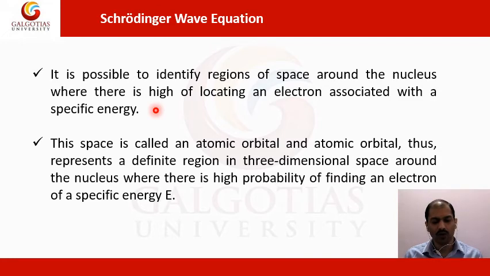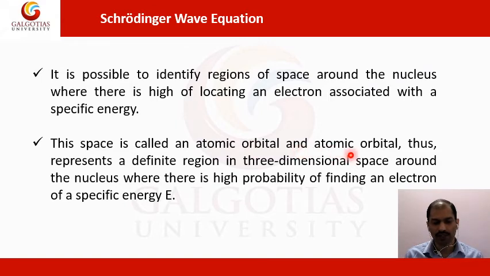As we also discussed initially, there are different orbitals around the nucleus in which the electrons are moving according to the different shells, subshells and orbitals, and they have different shapes, like spherical, and double dumbbell shape in the case of px, py and pz orbitals as we have seen. So the space is called an atomic orbital.